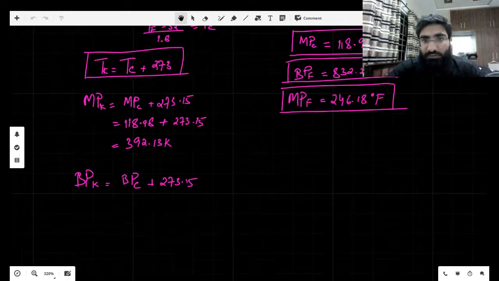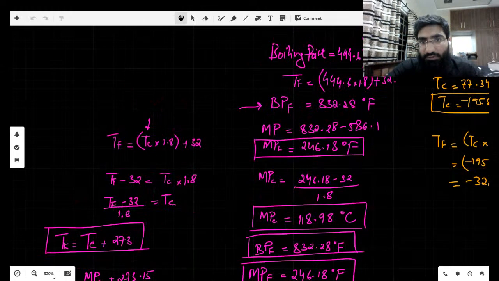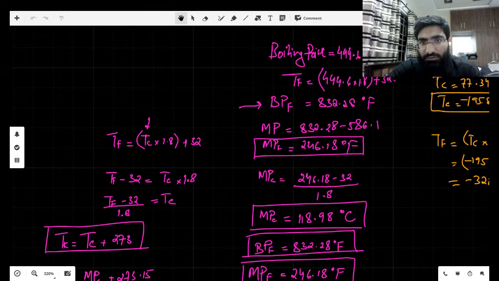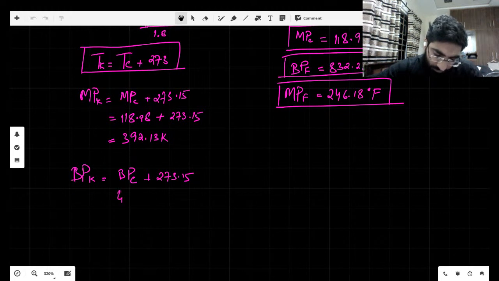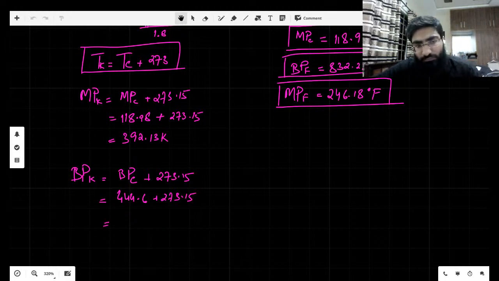Boiling point in Celsius is given in the question, which was 444.6. 444.6 plus 273.15, which is how much? 717.75.